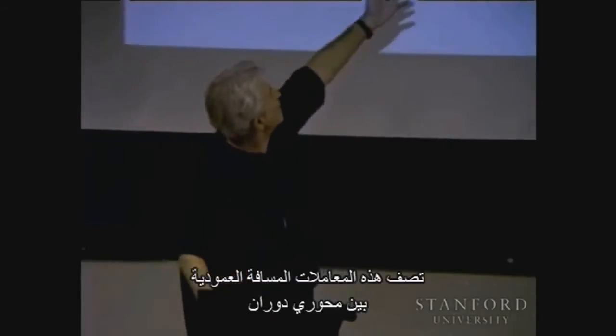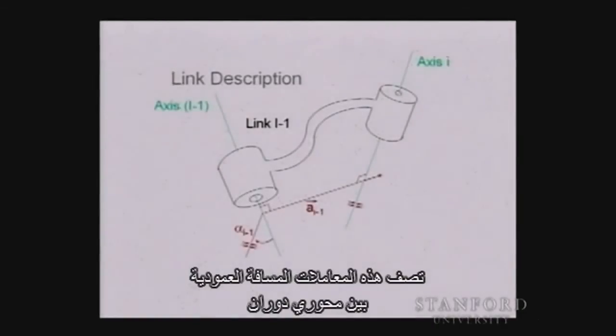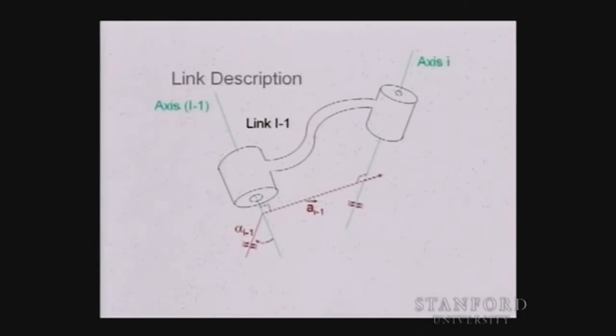So these parameters are describing the common normal distance between two axes of rotation, and also the orientation between these axes.